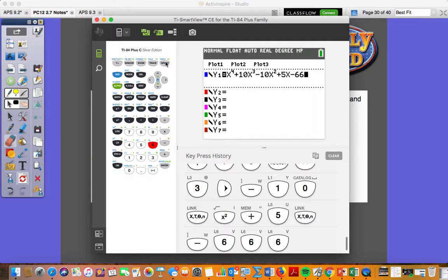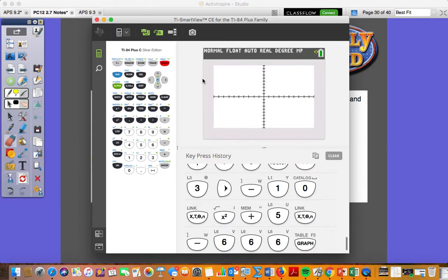I'll just plug it in the way I see it. You good so far? And I'm gonna graph it. I like to start with Zoom Standard just to see if it touches at any spot, okay? See where it touches.